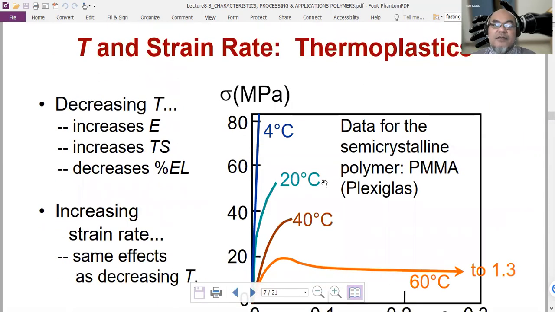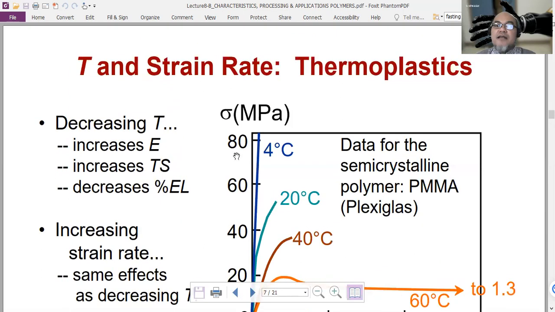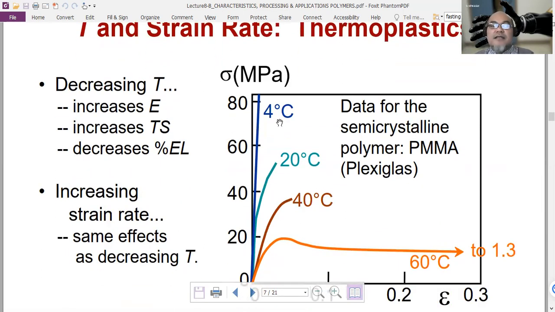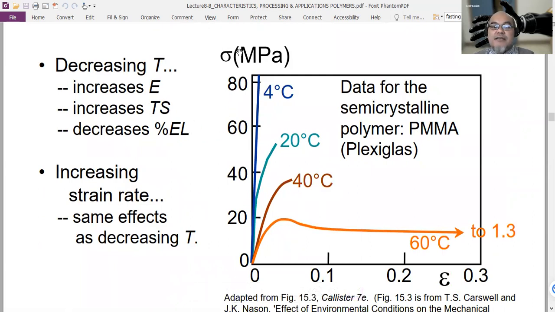Now, this graph shows the relationship between temperature and strain rate in thermoplastic material. When the temperature is decreased, for example, here from 60 to 40 to 20 to 4 degrees, the Young's modulus will increase. The tensile strength will also increase. They become more brittle because the ductility decreases. The percent elongation decreases, so they become brittle. At 4 degrees Celsius, for example, this is for PMMA, acrylic or plexiglass, it becomes a very hard material.